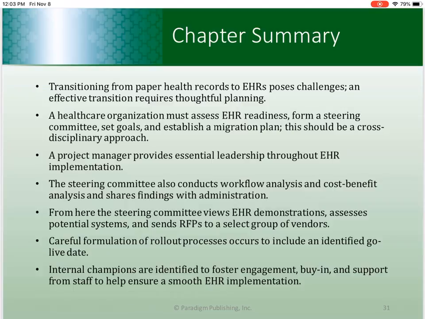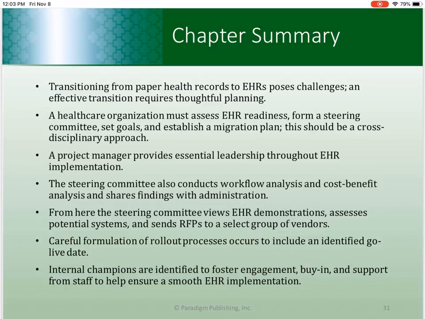A healthcare organization must first assess its readiness to adopt an EHR system before it selects a system to meet its needs. The organization should form a steering committee, set goals, and create a migration plan. A migration plan should identify the EHR requirements, create a design, analyze current systems, test the new system, and set an implementation date for the EHR system.